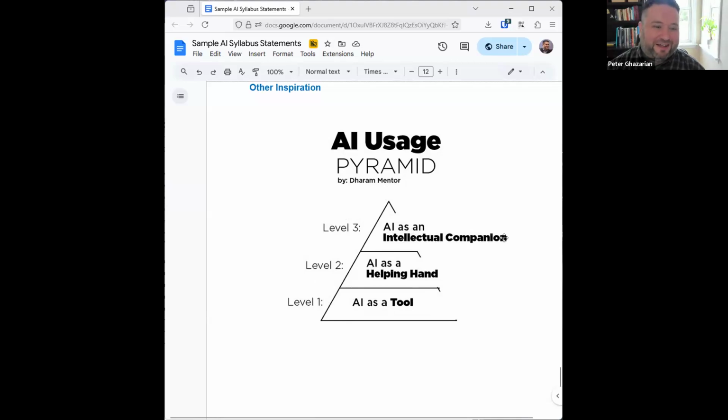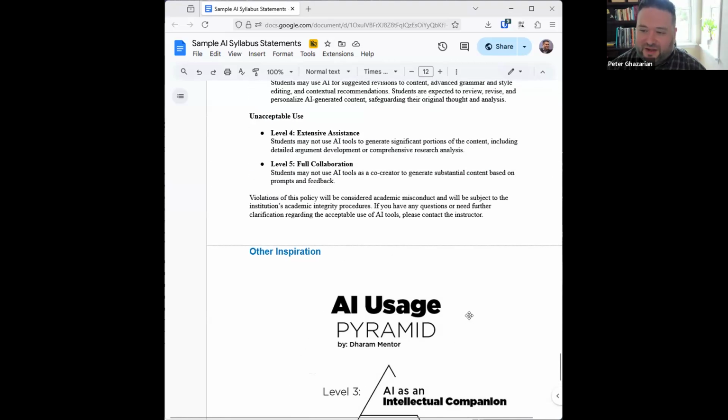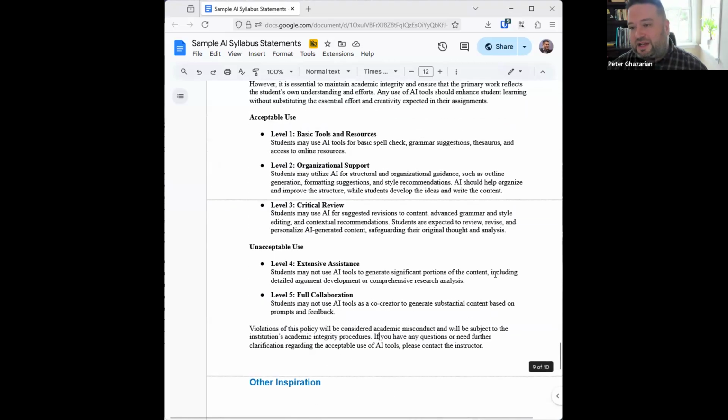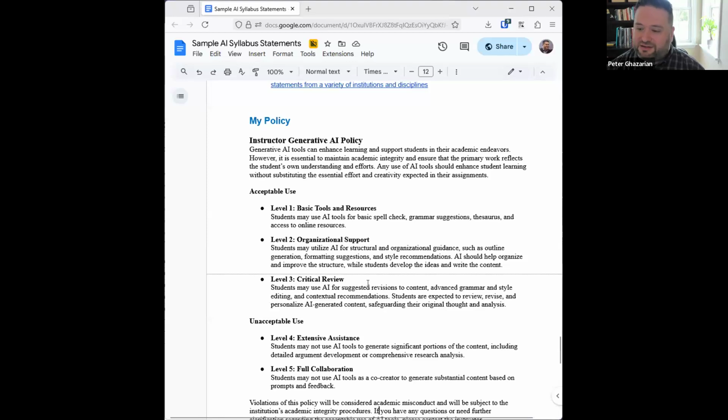The amount of thinking that's happening between the user and the AI can vary. So I like thinking of it in this hierarchical way, in terms of the extent to which it's being used, but I still haven't found something that really captures my personal take, and so that's why I've generated my own policy here.